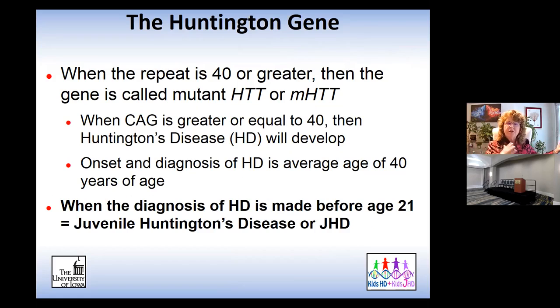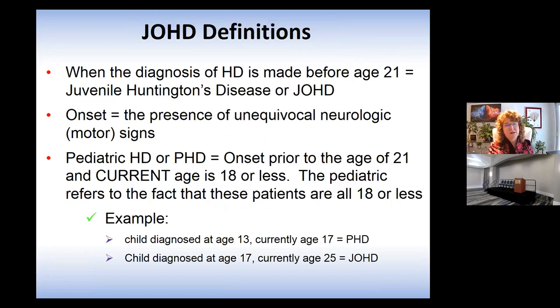But when the diagnosis is made before the age of 21, and that's an arbitrary cutoff, but when we call it onset before 21, that's when it's designated as juvenile Huntington's disease. So the onset of disease, like in adult onset, is determined by motor symptoms, right?